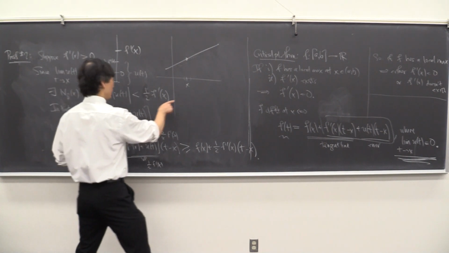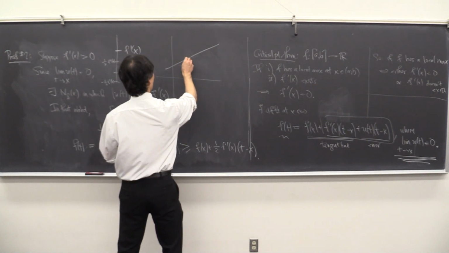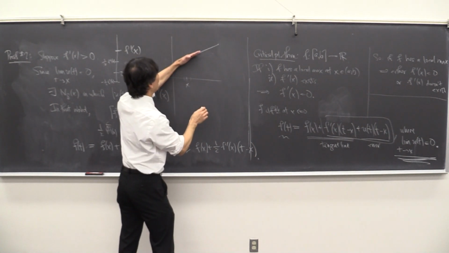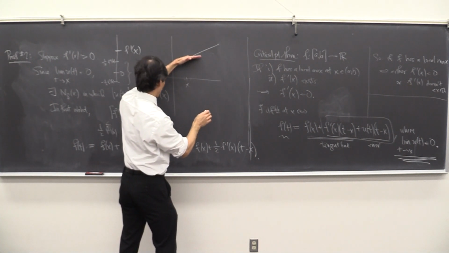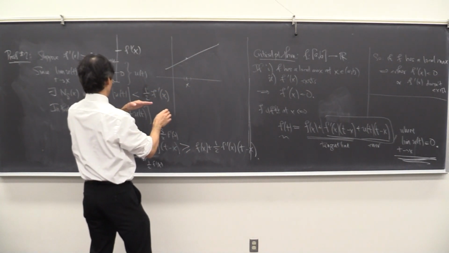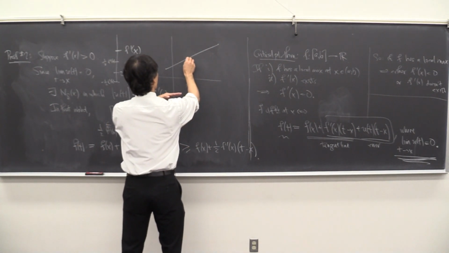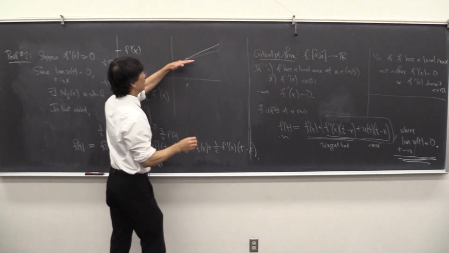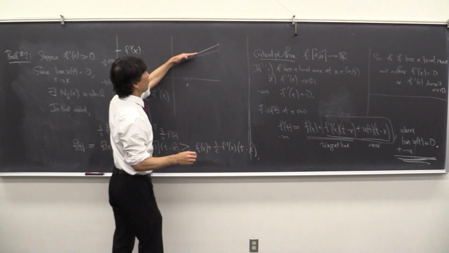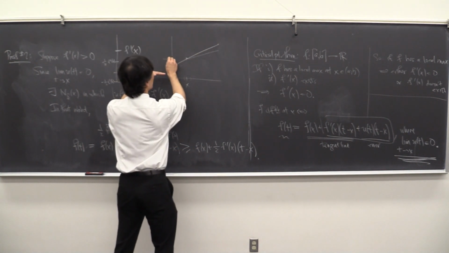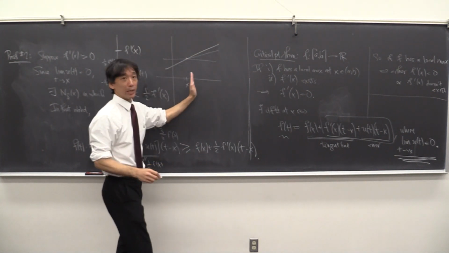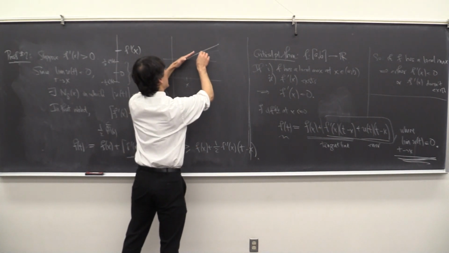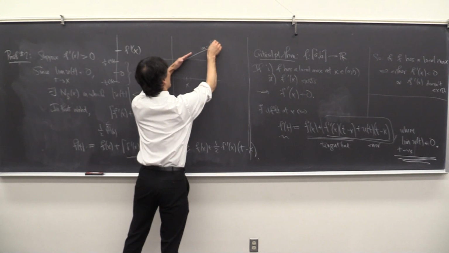That f of t, if this is the slope, then I know that my function is going to be bigger than... if I just look on the right hand side, here's my function, here's the tangent line, the slope is f prime x.